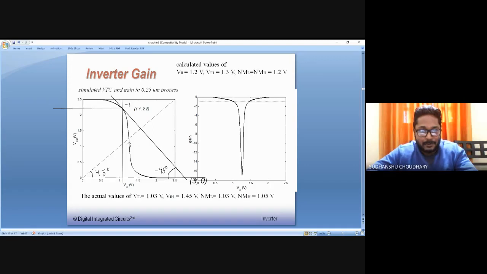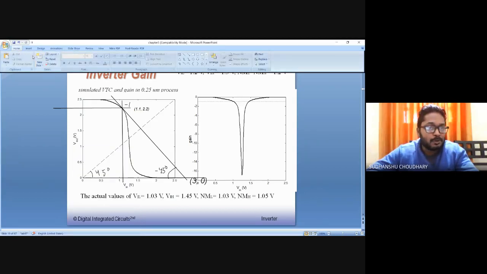Now similarly, the gain at this point Vm, or the slope of this line which is touching this Vm. So maybe let me draw once again a line which goes through Vm, a tangent.